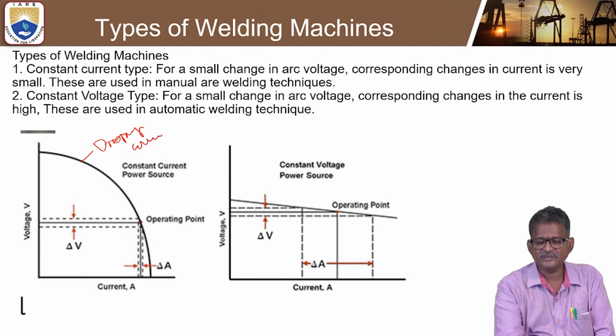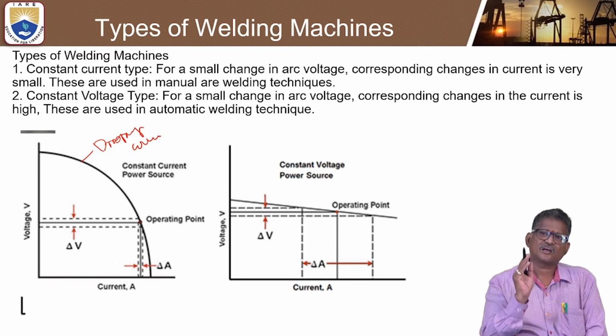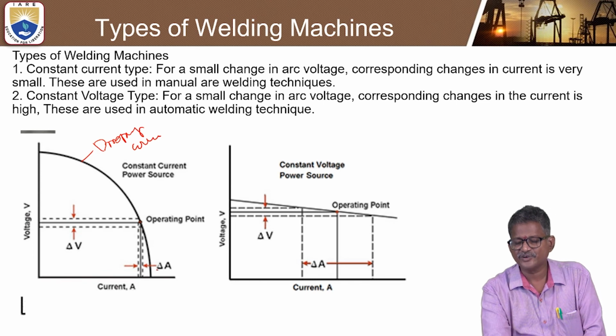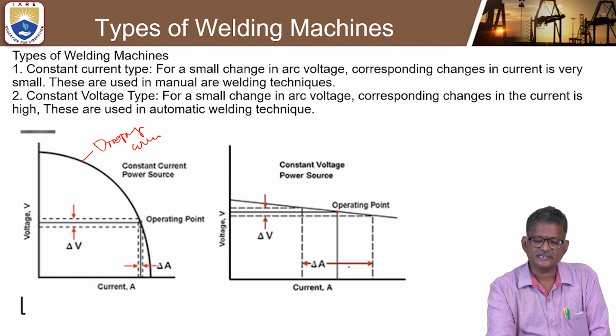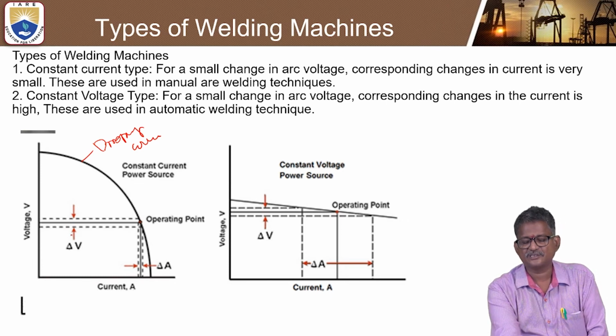Okay. So whenever the current is on the x-axis and voltage is on the y-axis, the constant current power source will come like this, and the constant voltage power source like this. This is the change in voltage, and this is the change in current. But when coming to the constant current source, delta A is large and delta V is nominal.